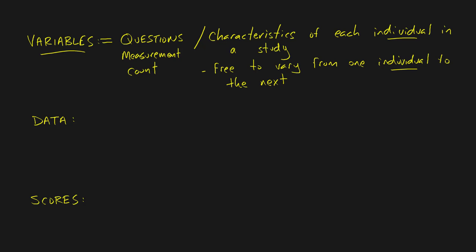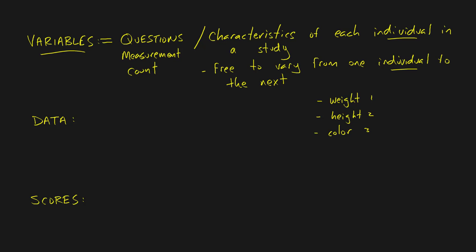So let's say, for example, I have a number of shapes, or a number of blocks, and I'm going to weigh each one. I'm going to get the weight, and I'm going to measure the height, and I'm going to record the color. So each time I record a different thing about that block, that's going to be a variable. So I have 3 different variables.